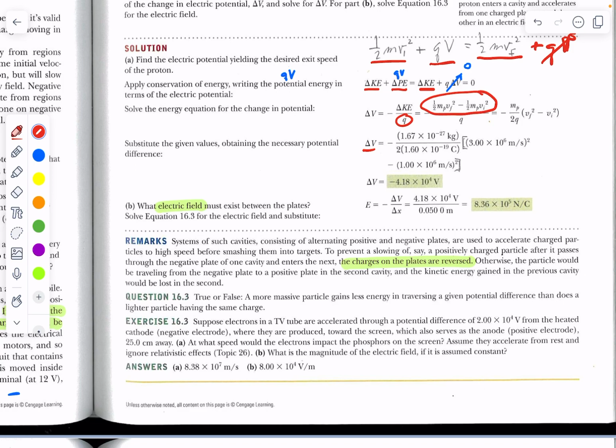Well, first of all, I said that all backwards, I think. This part here is my change in velocity, not my change in, I got my V's mixed up. This is change in voltage. This is my change in velocity.